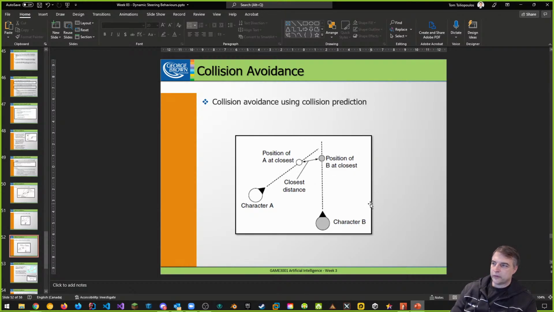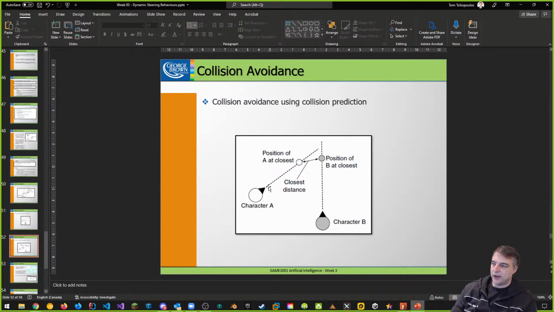And one of the things we can also do is use something called collision prediction, where again, it's kind of similar to a pursue or evade, where I figure out what is the future position of another character, and what their heading is. So if their heading is putting us in danger, we know that we're going to be very close to colliding, so we start avoiding early, right? And this is a neat idea, but how do we do this?